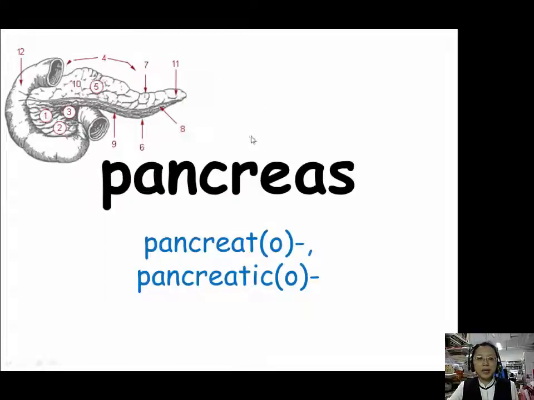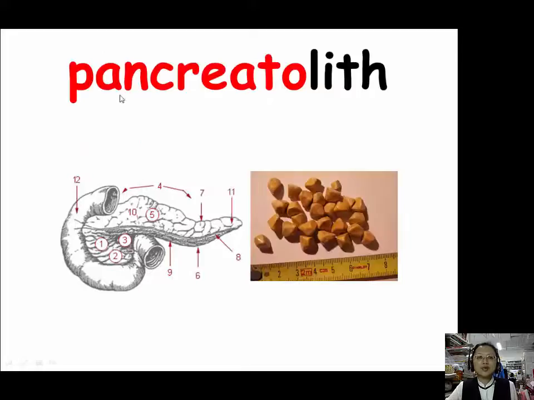When we talk about pancreas, we have two prefixes, pancreato, P-A-N-C-R-E-A-T-O, and pancreatico, P-A-N-C-R-E-A-T-I-C-O. Our example for pancreato is pancreatolith.